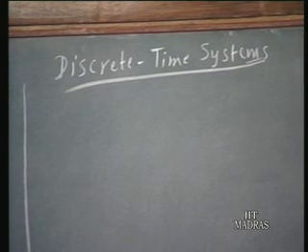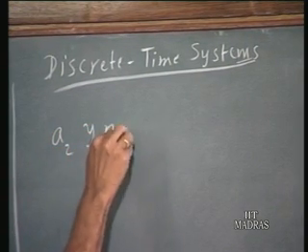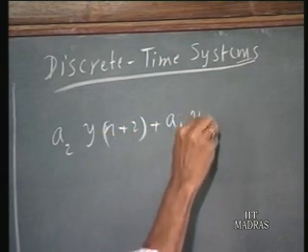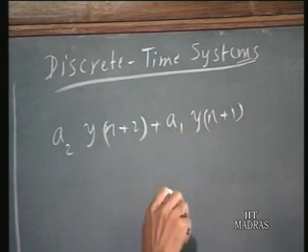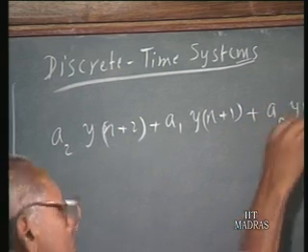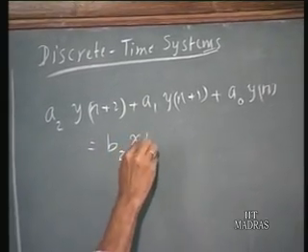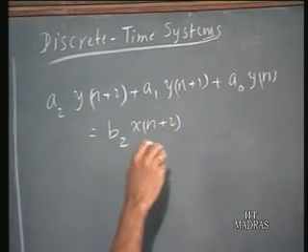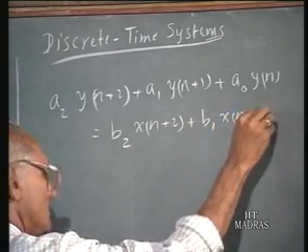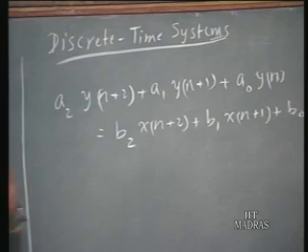As an example, let us take a second order discrete time system, with b naught x of n on the right side.